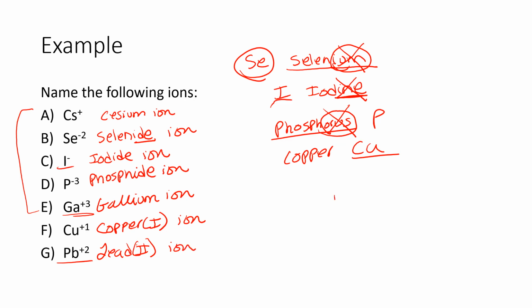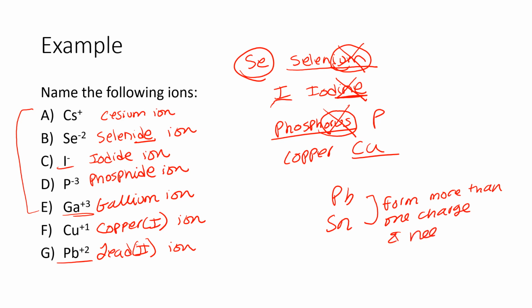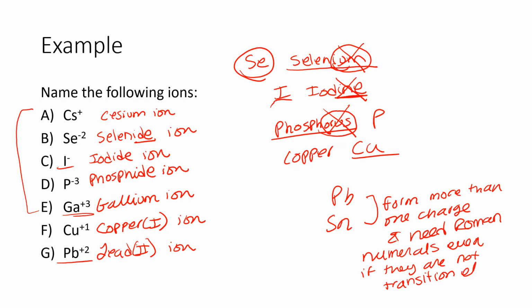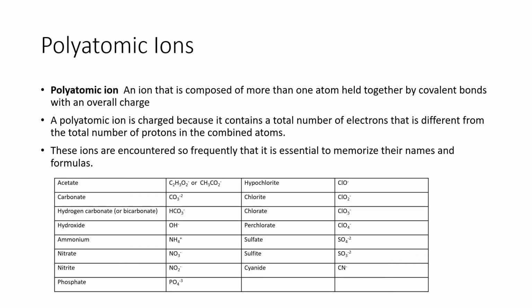Again, just remember that lead and tin form more than one charge and need Roman numerals, even if they are not transition elements. Very key point there. Okay, so that is all right.